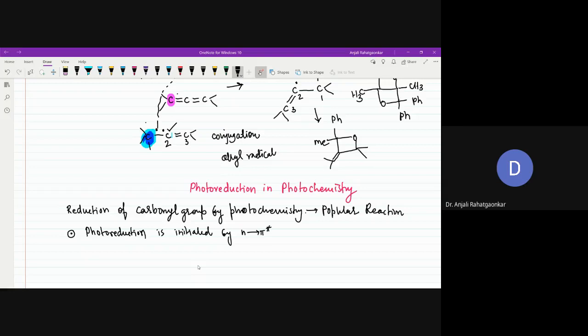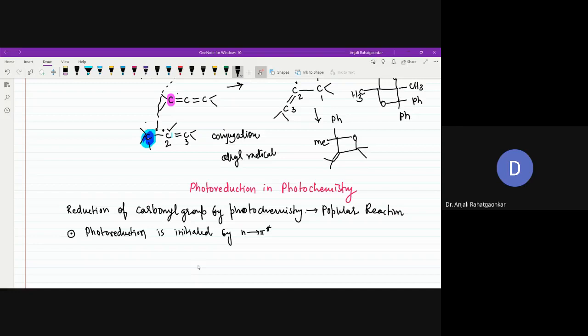So every time I start any type of characteristics, I always explain to you how the reaction is initiated. Please do not ignore this point, because it should be the first thing that comes to your mind.